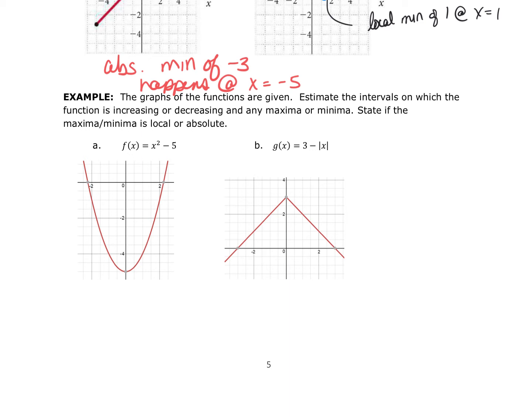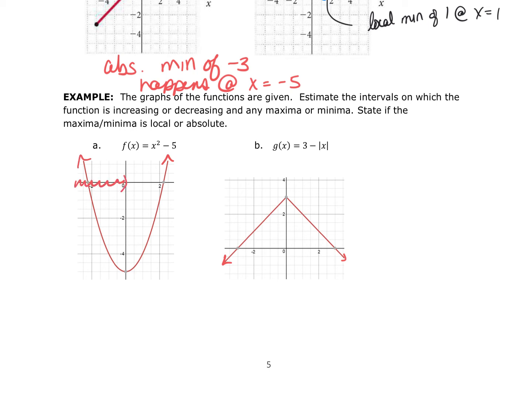All right. From these graphs, we want to estimate the intervals in which the function is increasing or decreasing, find any maxima and minima, and state if they're local or absolute. Now we make the assumption, unless otherwise stated, that we are going to go up forever, or in this case, go down forever. I want to know my intervals of increasing. Well, I am decreasing in this region.